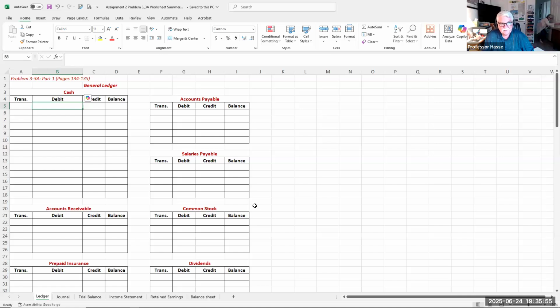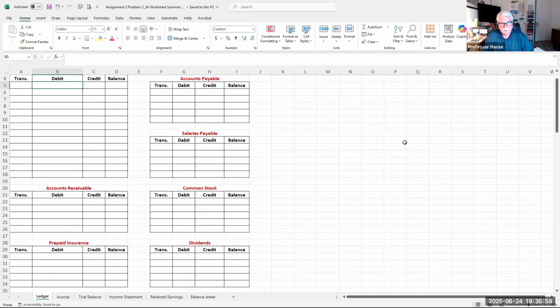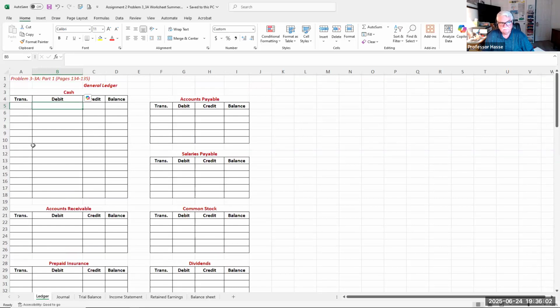I have given you an Excel worksheet to do this problem. Here it is right here. First of all, here's the general ledger. So what you need to do, you'll need to fill this out with the unadjusted balances.